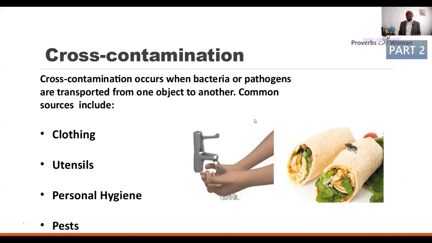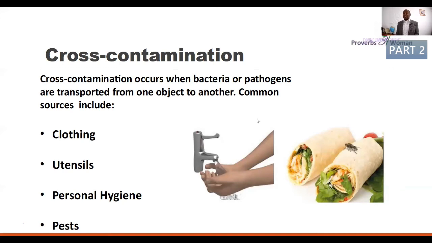I may have long nails, and I've got some dirt inside my long nails, and then I'm touching vegetables or meat without washing my hands. That can cause cross-contamination. In our hands we have the bacteria called staphylococcus. So if we don't wash our hands, those bacteria can get into our food, and that's what we call cross-contamination.